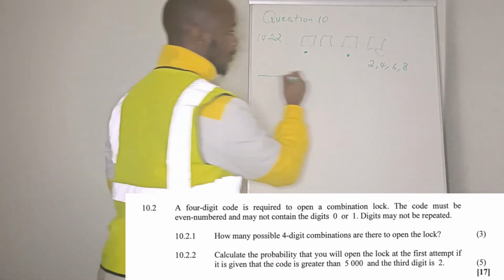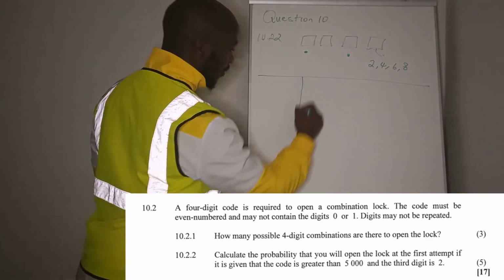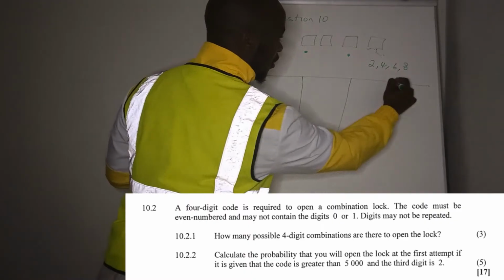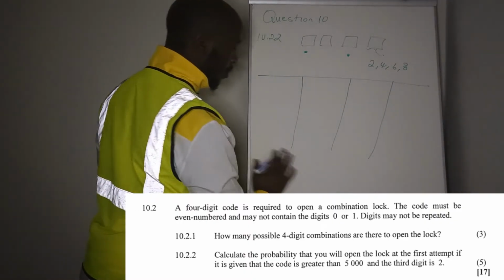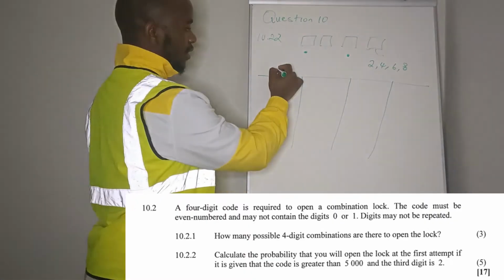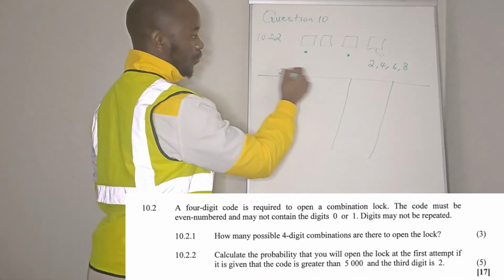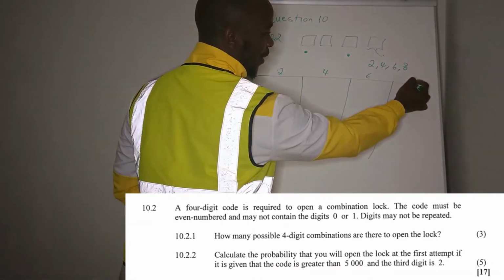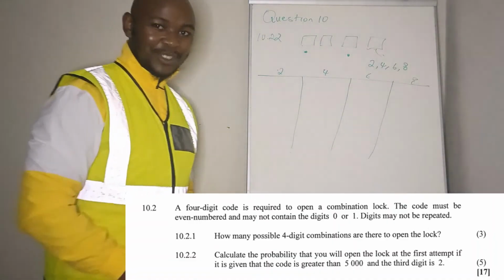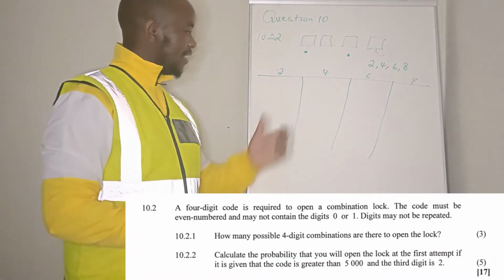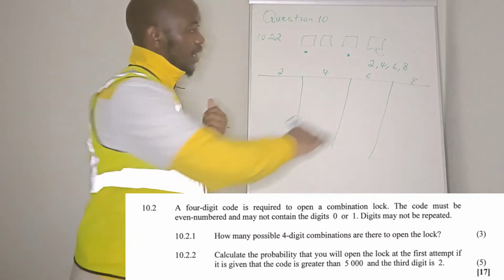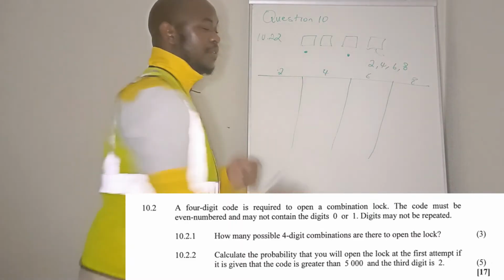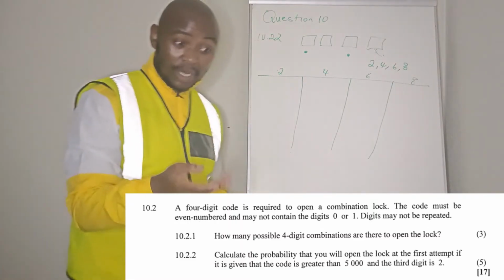So same thing, we're going to have a case whereby we end with a 2, a 4, a 6, or 8. Do you see that I included 2 in here? But what is the requirement that is added?